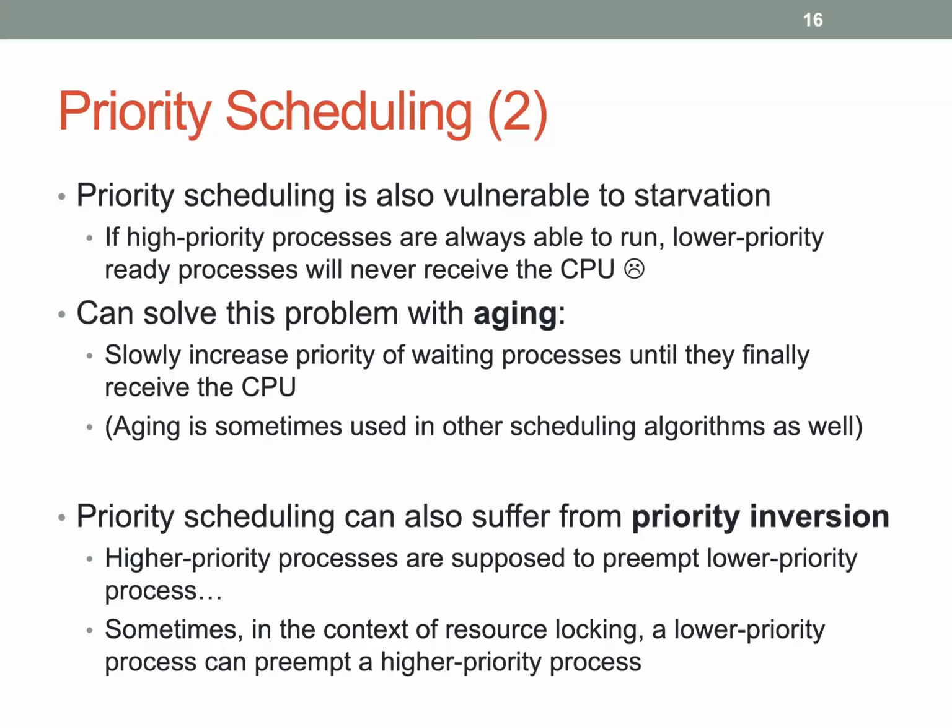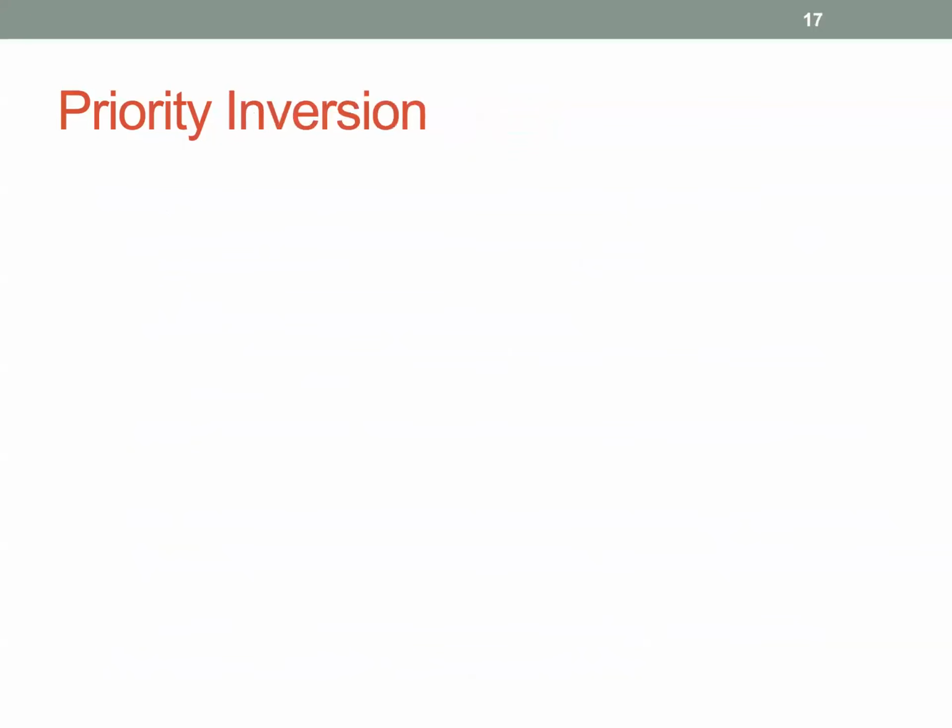Basically, the concept behind priority scheduling is that a high priority process should always be able to preempt something lower priority in the system. But when you add resource locking to the mix, that's where you can start getting into issues of high priority processes that are actually blocked by other lower priority processes.